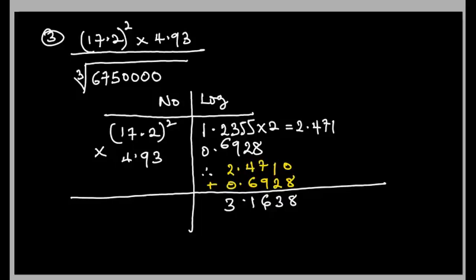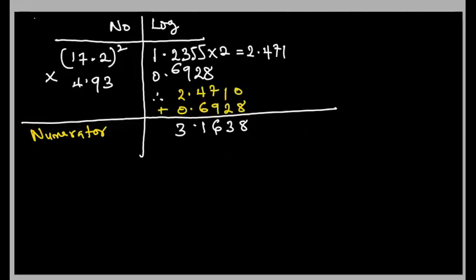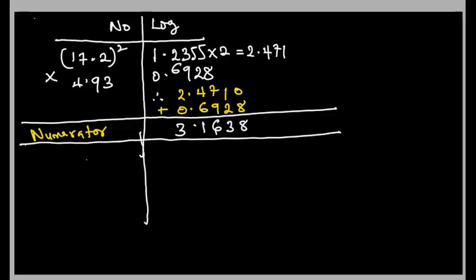So let's write it somewhere here. This is for the numerator. Now let's get that of the denominator. For the denominator, we have the cube root of 675,000.